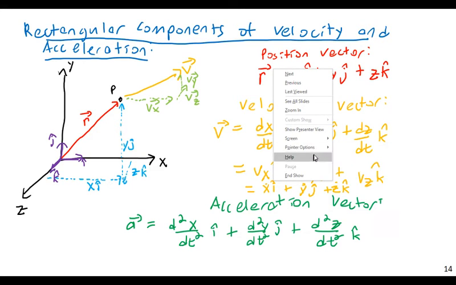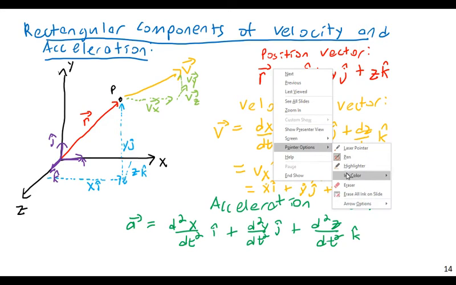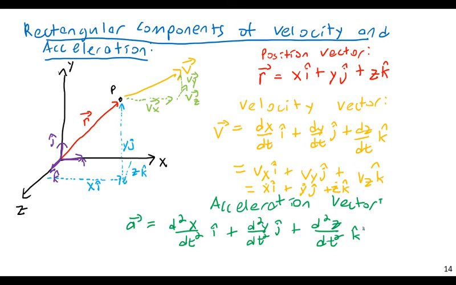Two dots means the derivative with respect to time twice. So on the acceleration, this is equal to x double dot i plus y double dot j plus z double dot k. Or I could simply say this is ax i plus ay j plus az k. All right?